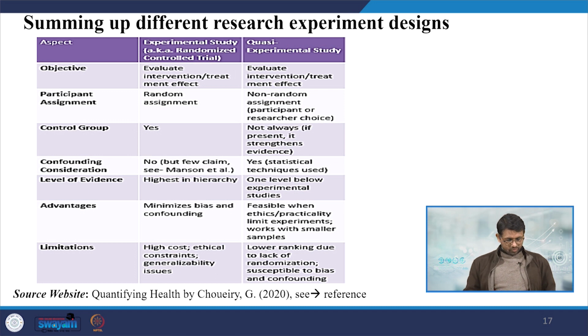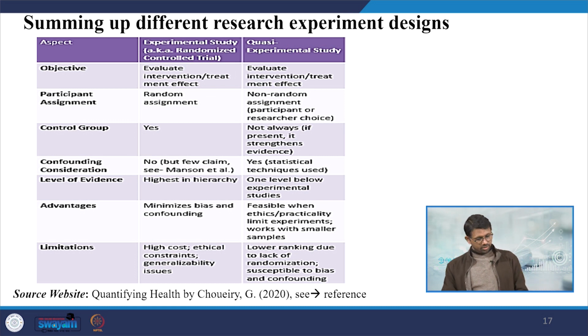Coming to the limitations, especially the RCT is highly expensive, it has ethical constraints, and generalizability is a major issue since it is based on a particular setting, whereas quasi-experiments have a lower ranking due to lack of randomization, and are susceptible to bias and confounding as well. You can refer to the work of Chowre G 2020 for further clarifications.